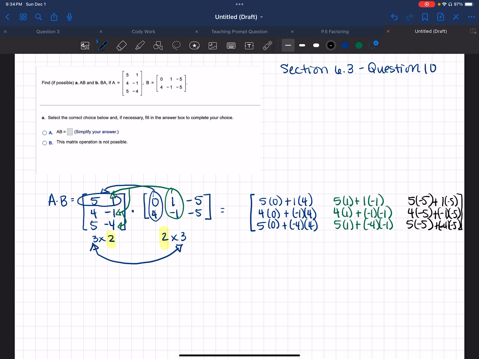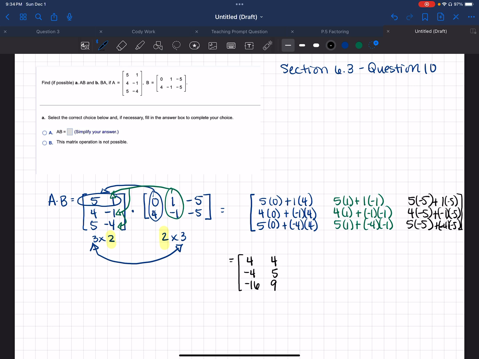Okay, now we're going to work those out. 5 times 0 is 0, plus 1 times 4 is 4. 4 times 0 is 0, negative 1 times 4 is negative 4. 5 times 0 is 0, negative 4 times positive 4 is negative 16. Move over to the next column. 5 times 1 minus 1 is going to give me 4. Then I've got 4 plus 1 is 5. And 5 plus negative 4 times negative 1 gives me 9.